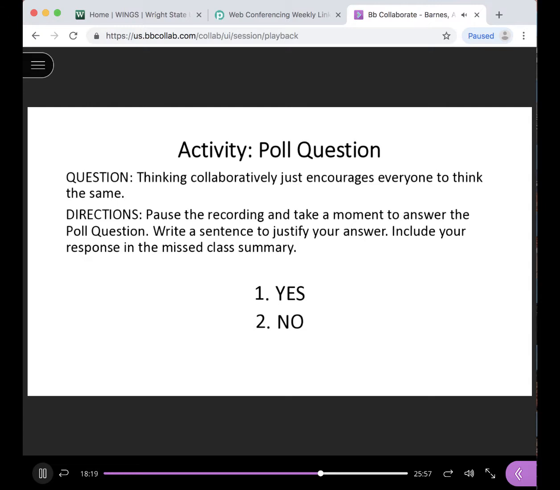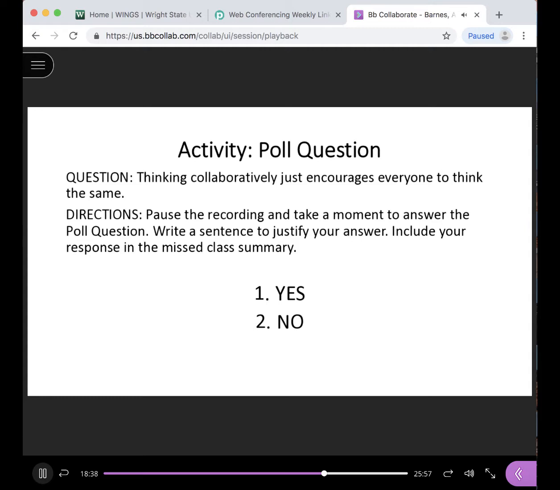So take a moment to read the question. Here, we're going to do another activity. Thinking collaboratively just encourages everyone to think the same. I want you to think about that and decide if you agree with that or not.